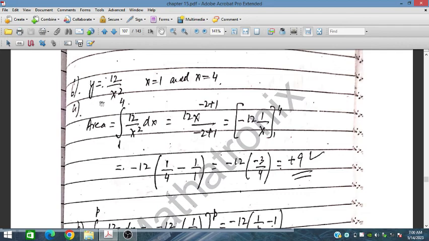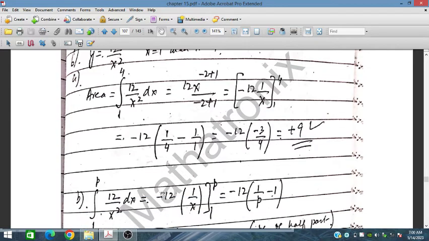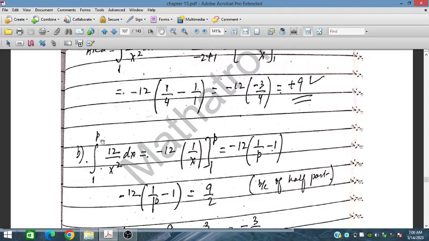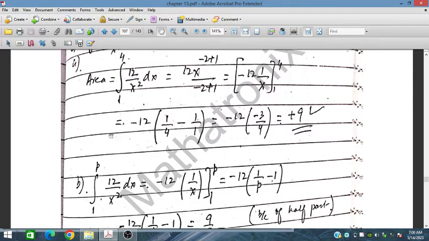So we have y is equal to 12 upon x square and x is equal to 1 to 4. So we'll take the area 12 upon x square dx, taking integrals, and we have obtained this, and by taking the limits from 1 to 4 we have obtained this result. Now in part B we take limits from 1 to p, and the area is half of this one.